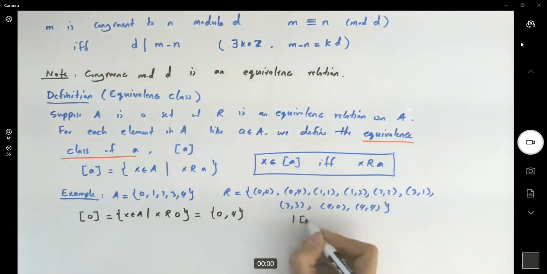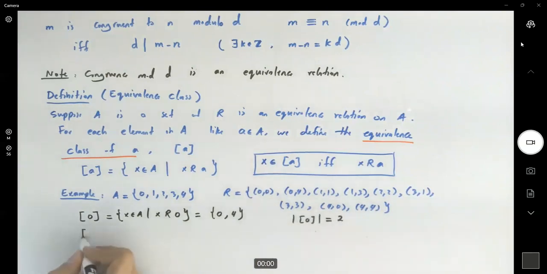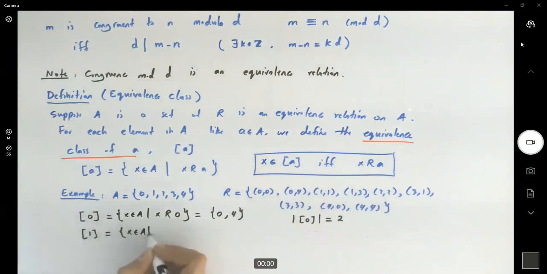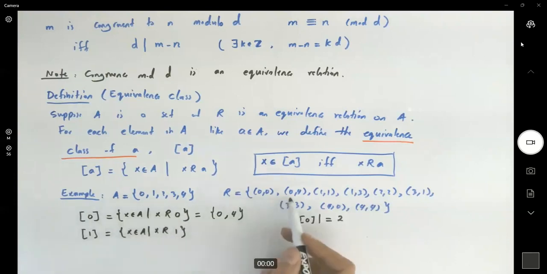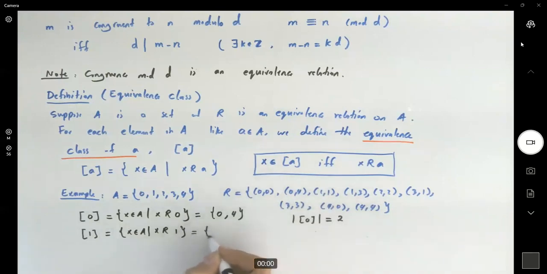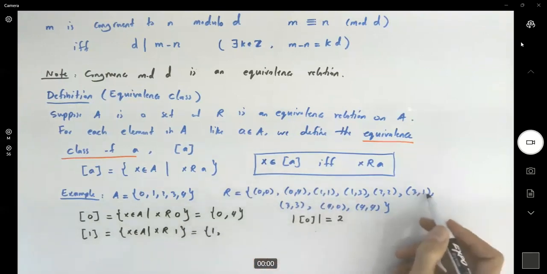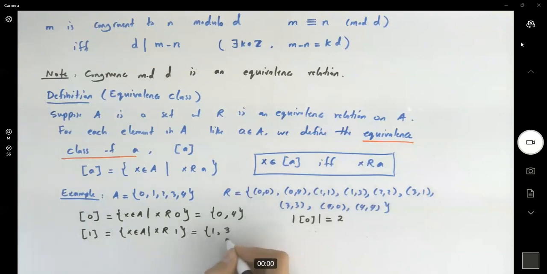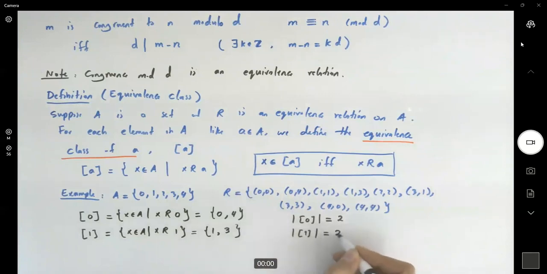The cardinality of the equivalence class of 0 is 2. What about the equivalence class of 1? You're looking for all members in A that are related to 1. 1 is related to 1, so this set includes 1. 3 is related to 1, so you're going to copy down 3. So the cardinality of the equivalence class of 1 is also 2.